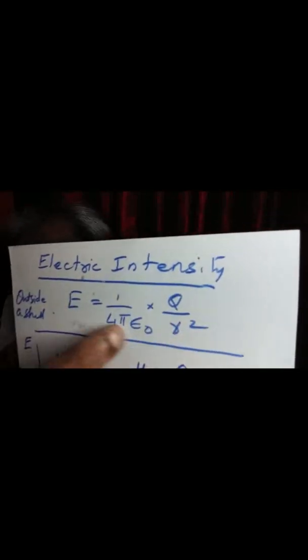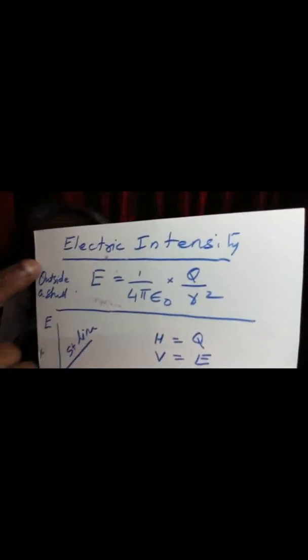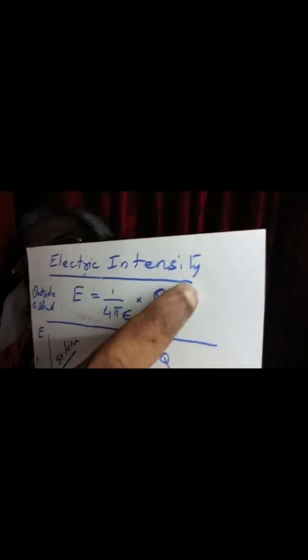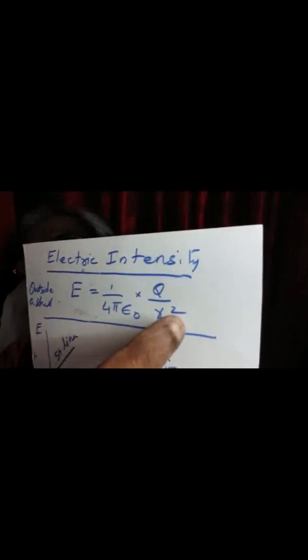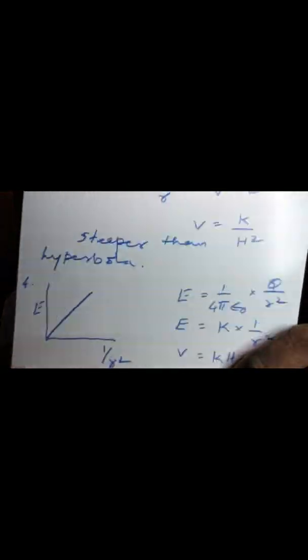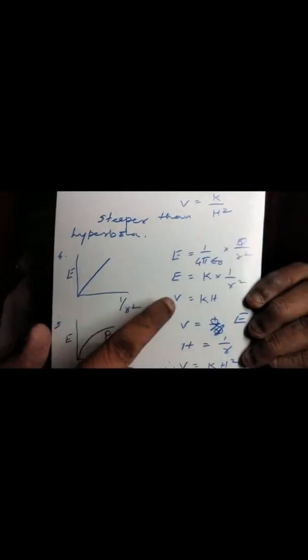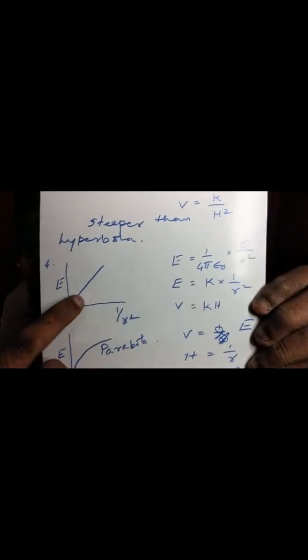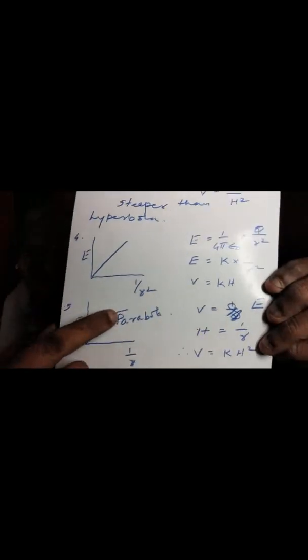This same equation takes the form V equals KH because 1 by R square is taken as H. So what is the nature of the graph? It is a straight line. V equals KH. Graph is a straight line.